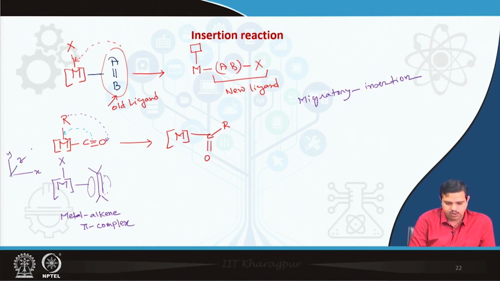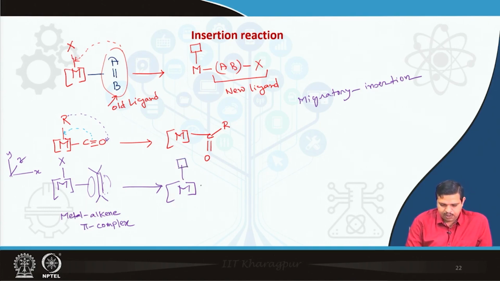So, you can consider that the dx square minus y square orbital is taking the pi electron cloud. Now, what will be the outcome of the insertion reaction? It will be like that. So, this is my back end, and here this X will come here.